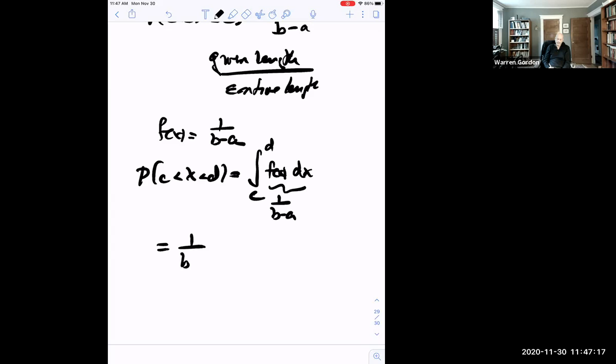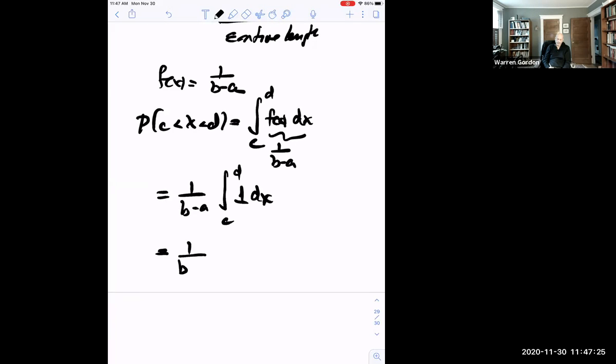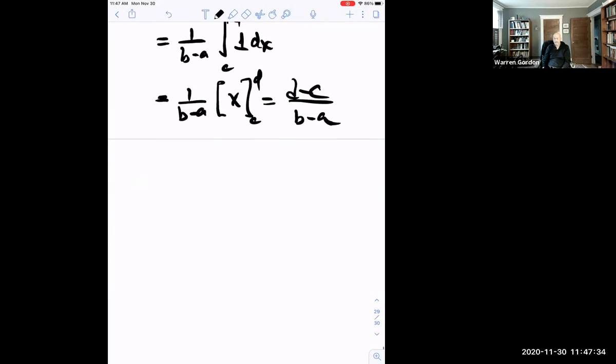So I get 1 over b minus a times the integral from C to D of 1 dx, which is 1 over b minus a, x from C to D, which gives me d minus c over b minus a. So, for example, if you knew a train would come anywhere between this 60-minute interval, what's the probability it comes within this 20-minute interval? That would just be 20 over 60, or 1/3.